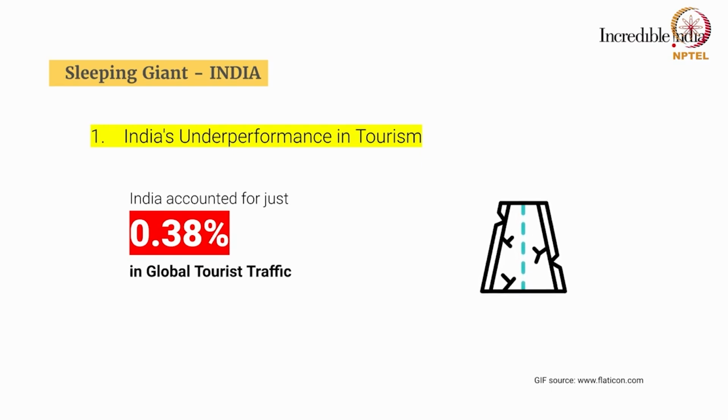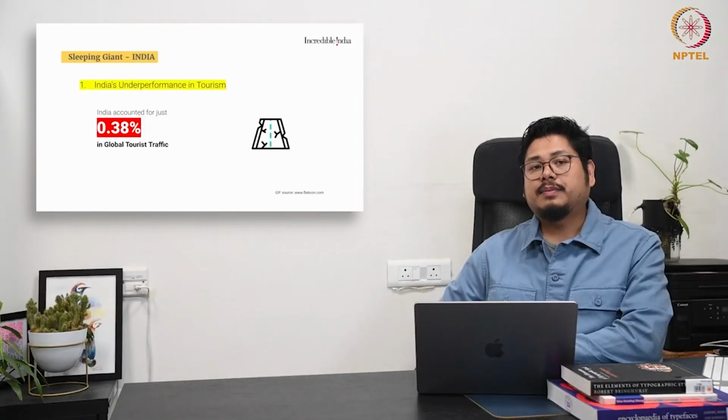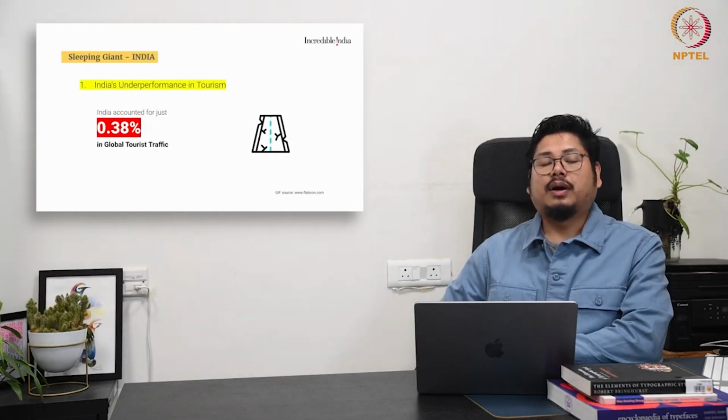Until 2002, India accounted for just 0.3% of global tourist traffic despite its vast potential. This was one of the major problems which the Ministry of Tourism was trying to address.